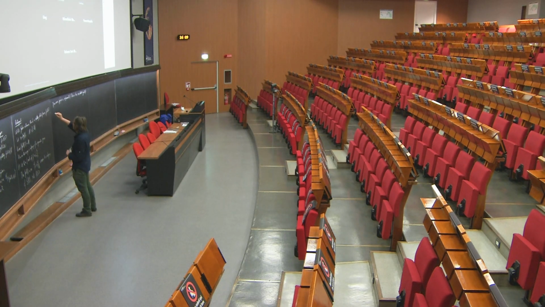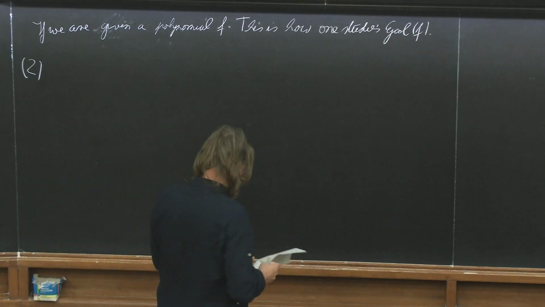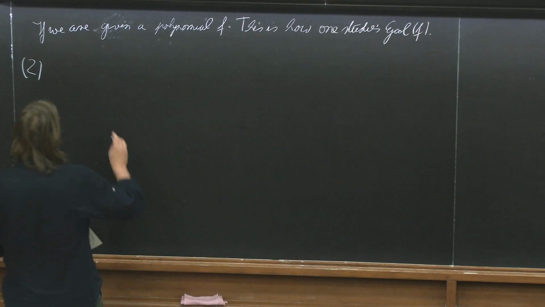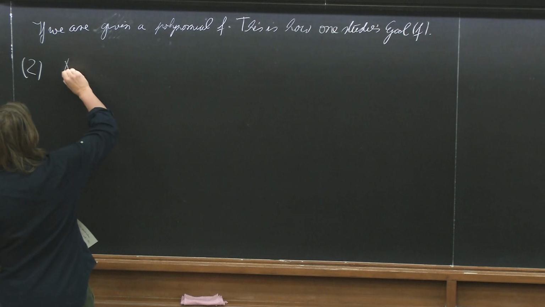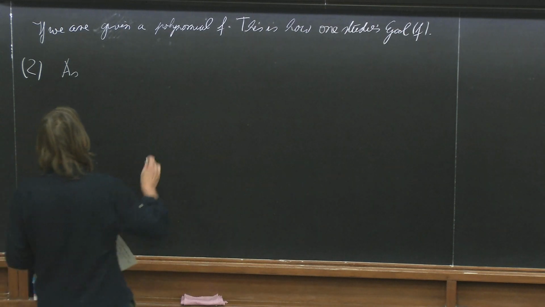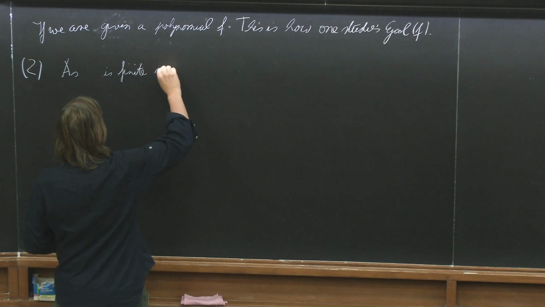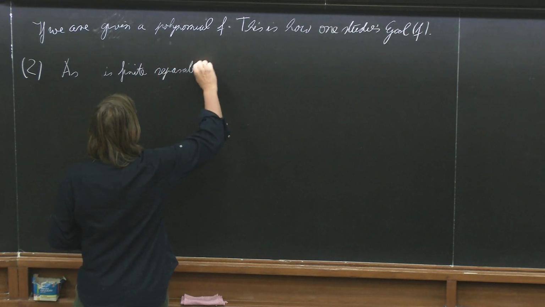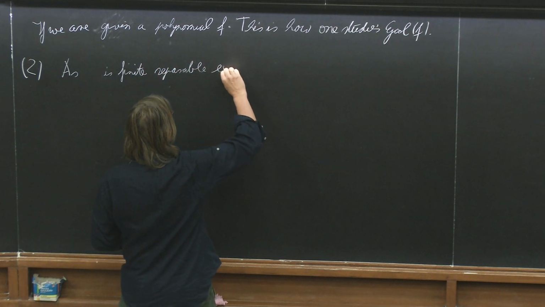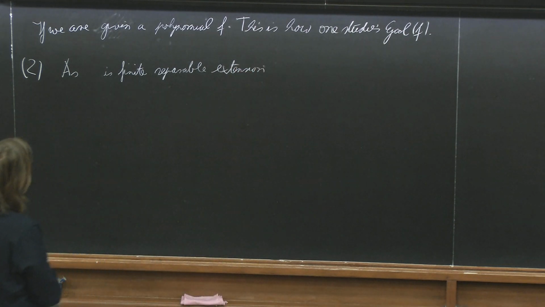The second one we have already also seen is, we know that L over K is a Galois extension, so it's a finite separable extension. So we have a primitive element.